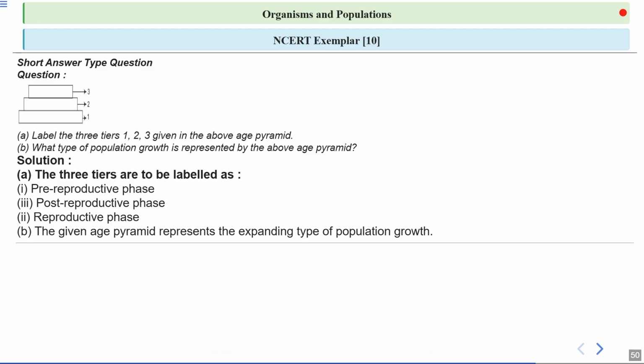Okay, so more number of offspring will be produced. The individuals in pre-reproductive phase will enter into the reproductive phase, then they will produce offspring. Okay, so this is an age pyramid showing you an expanding population. This population is growing. That's why the age pyramid is of, you can say, triangular shape.